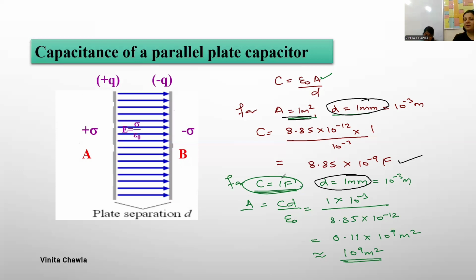But if we take capacitance as 1 farad, then we are getting a big value of area, 10 to the power 9. So this 1 farad value is quite large for a capacitor. We can conclude how big this 1 farad is.